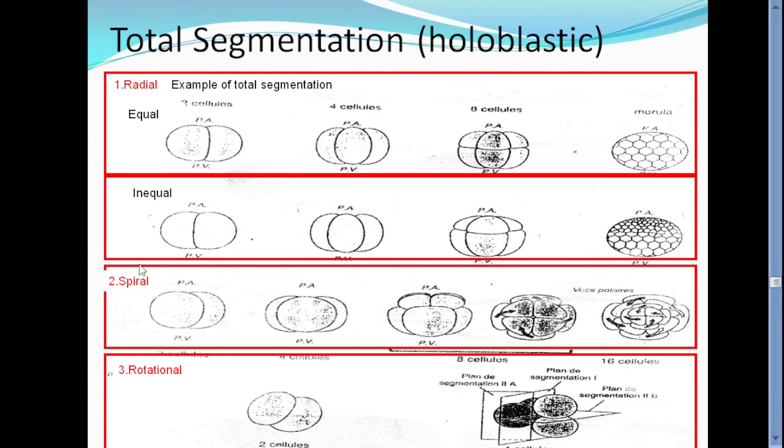But in the case of spiral, especially at the stage 8, you can see that the blastomeres are decaled. Why? Because the cleavage plane is not in the same direction. And finally rotational. In this case the blastomeres will divide in 3 dimensions, that's why we say rotation.